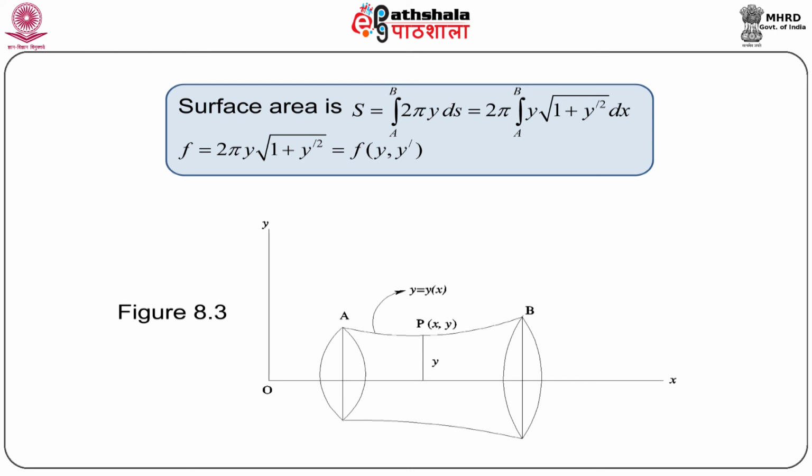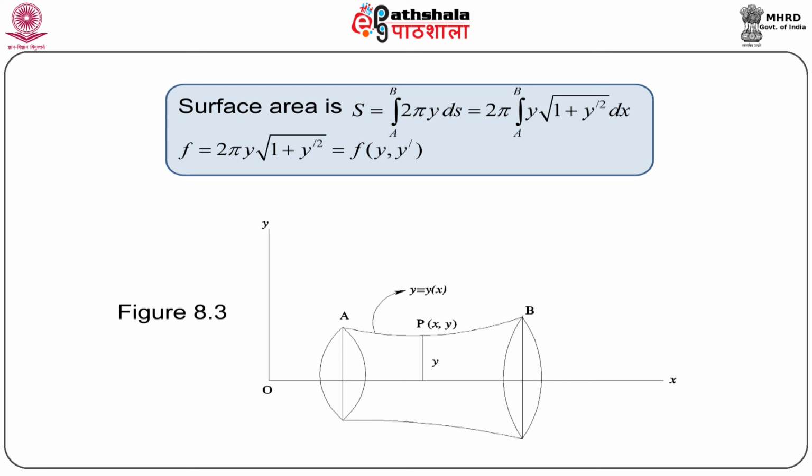Now, let us calculate the surface area. Surface area is given by S equal to the integral from capital A to capital B of 2 pi y ds. From the formula of area, we get it. If we put the value of ds, we get this one.